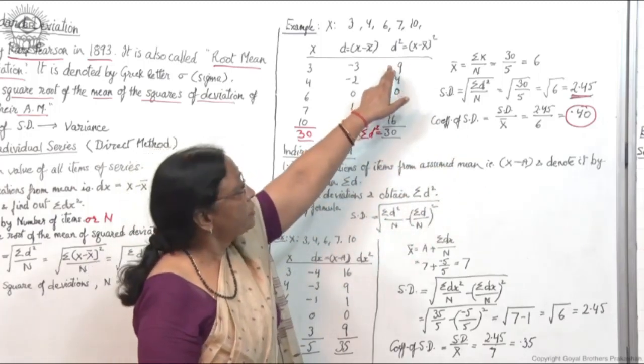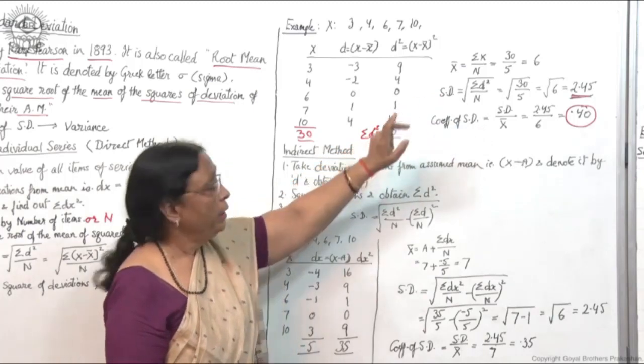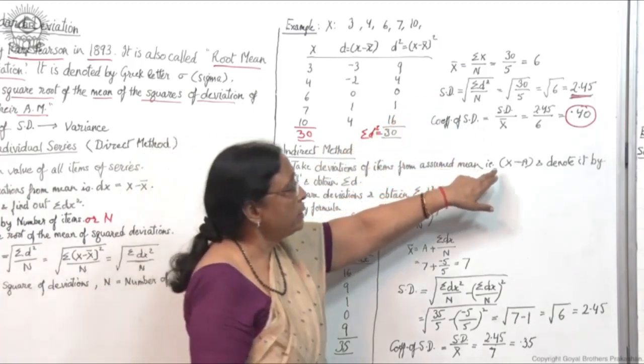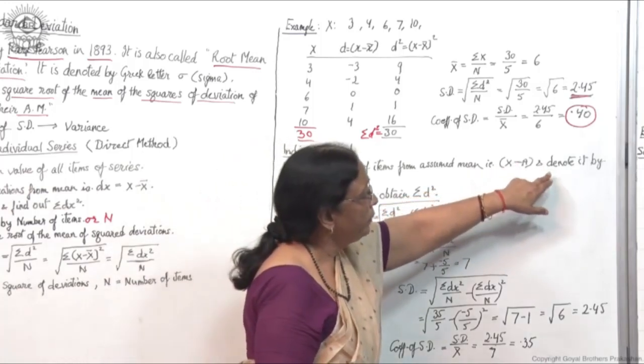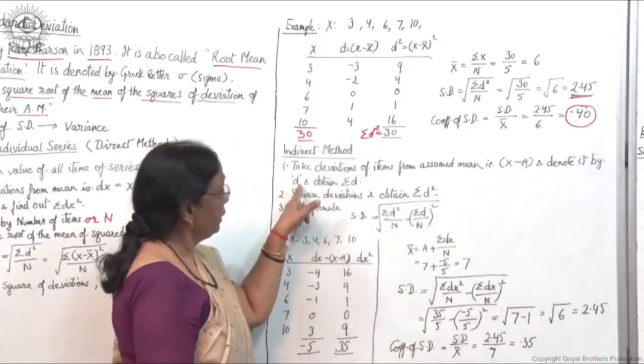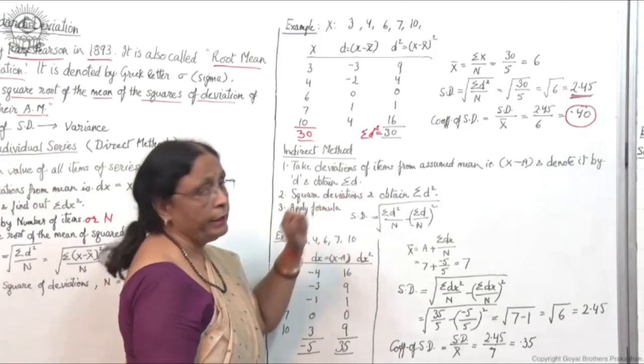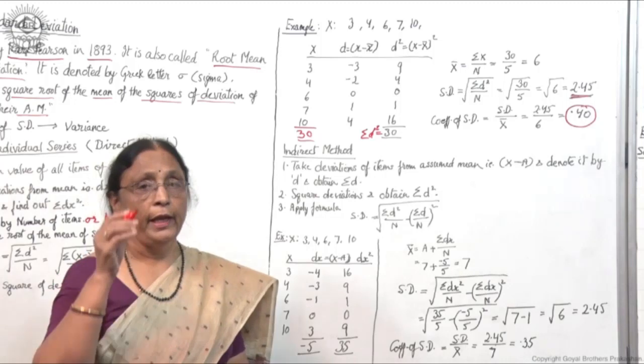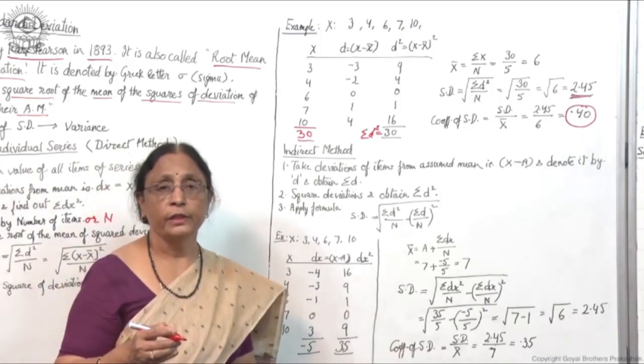Here we took the items' deviation from actual mean. Here the deviations of items are taken from assumed mean, that is x minus a, and denote it by d and obtain sigma d. So deviations will be named d and the total of the d column will be sigma d.